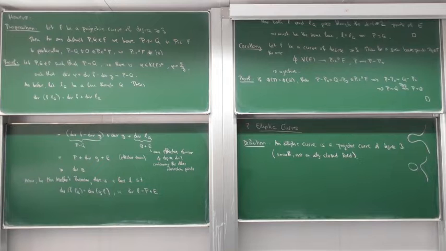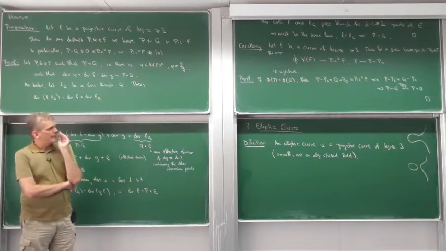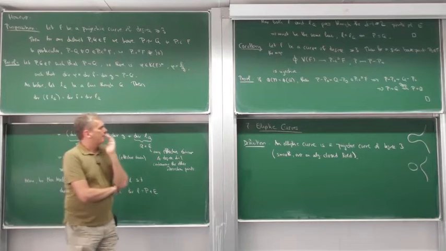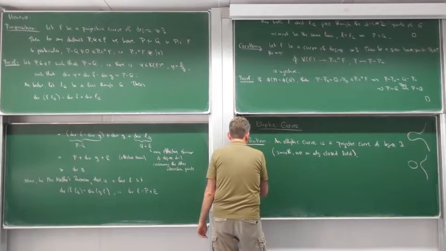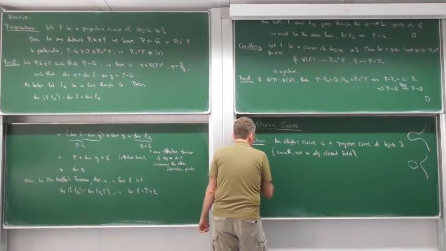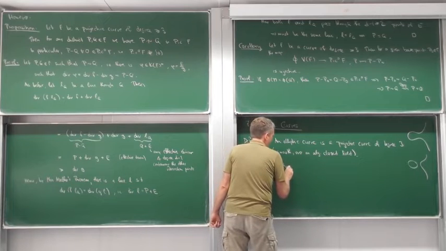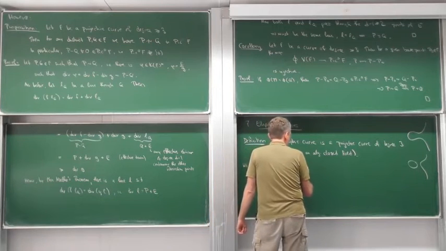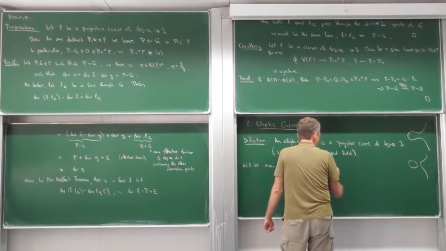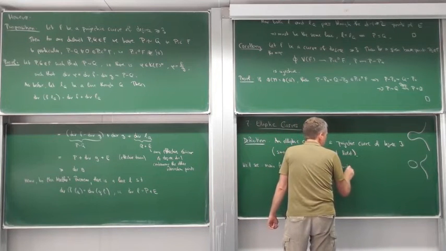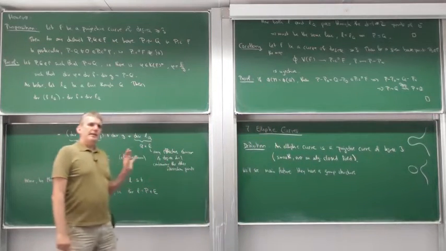The main feature of these elliptic curves, as we will see, is that they have a group structure, which varieties and curves usually don't have, but in that case they do.